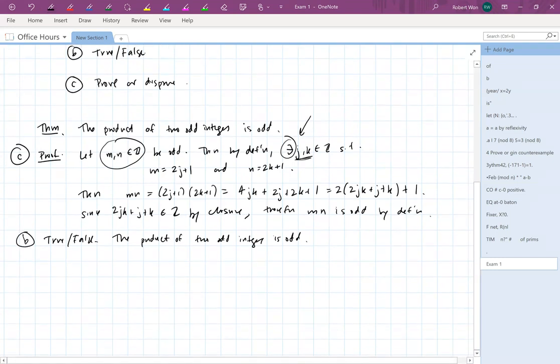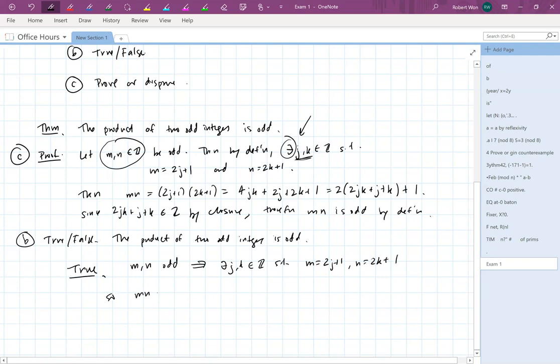So here's a nice complete solution to this. So this is false. Sorry, this is true, what am I saying? So it requires a proof. So here you could just say something like, if m and n are odd, then there exist j, k such that m equals 2j plus 1, n equals 2k plus 1.